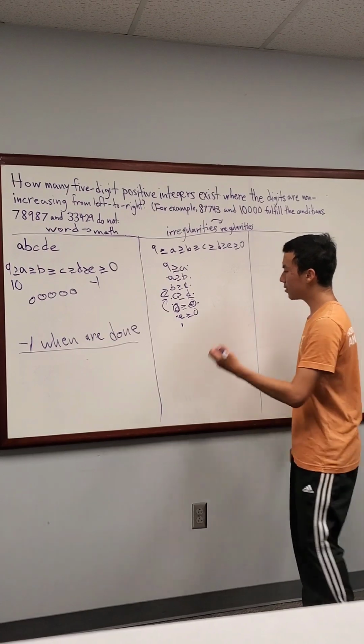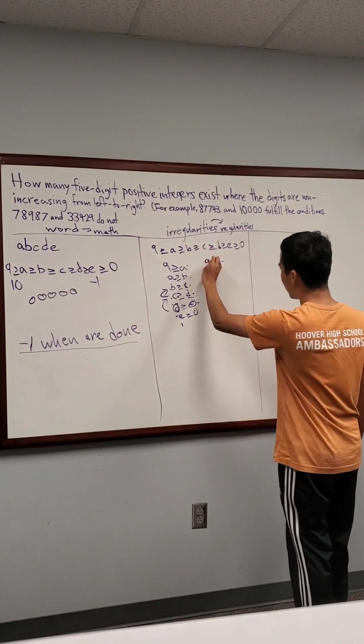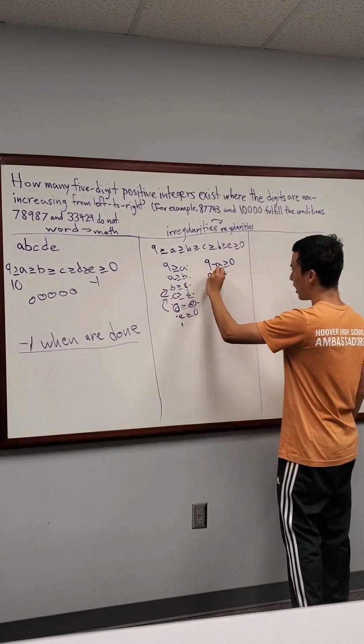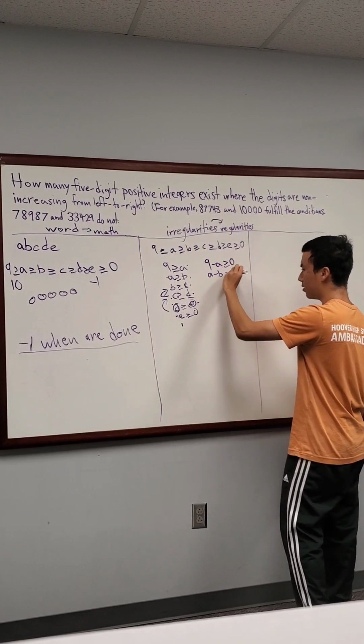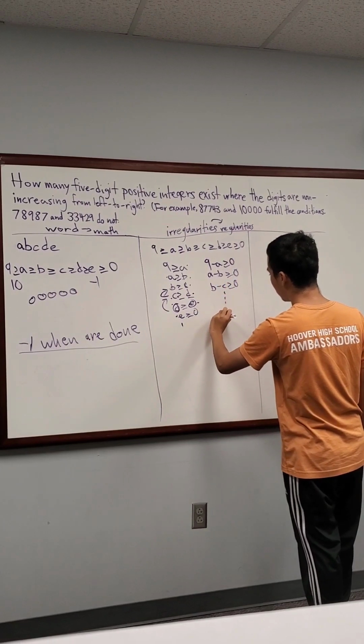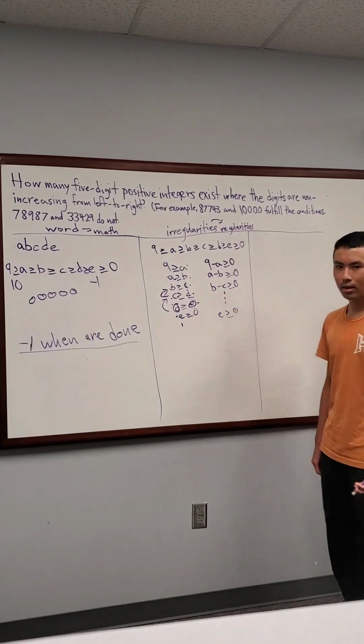So we're essentially moving up, and we just continuously restrict the value of the next variable. The way we can fix this is we can say 9 minus A is at least 0. A minus B is at least 0. B minus C is at least 0. All the way to E is still at least 0. Okay?